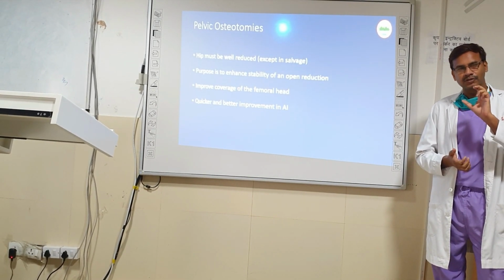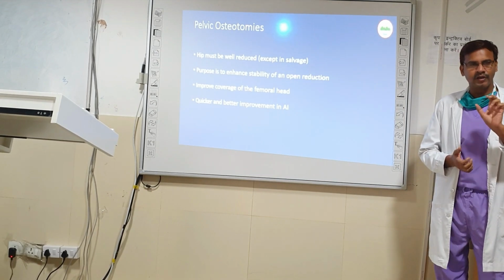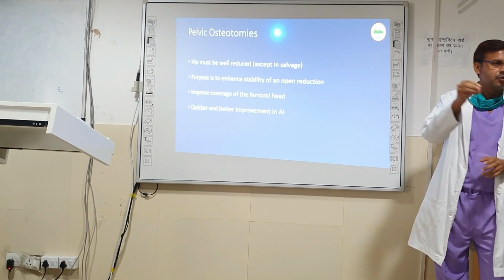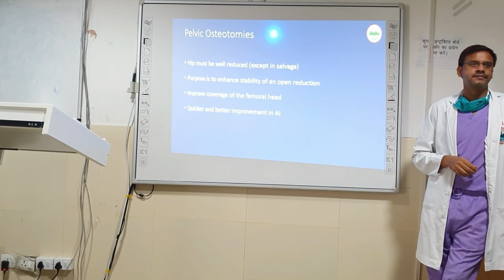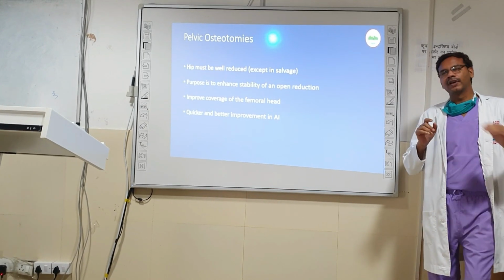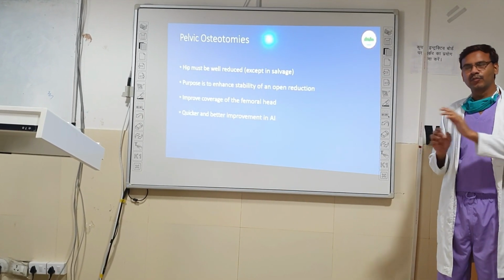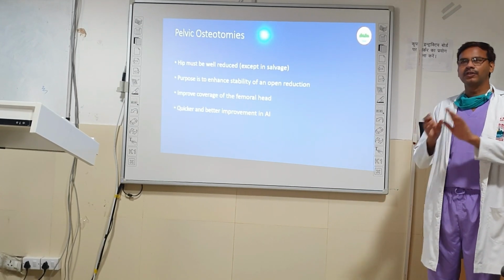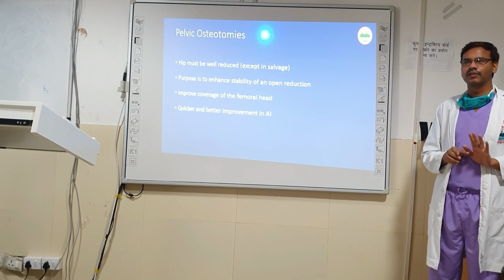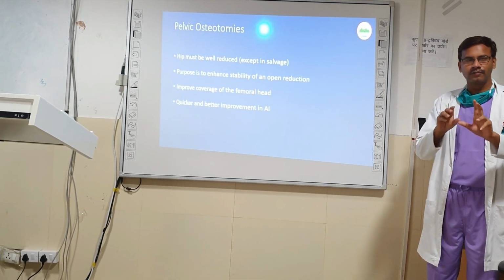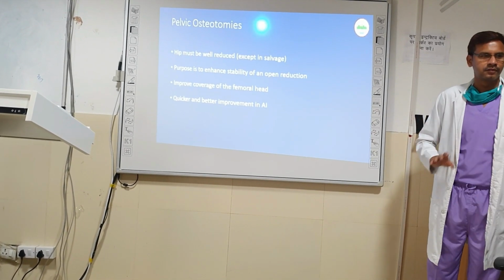So if hip is not already relocated and you do osteotomy, you may never be able to put inside the femoral head. So that's why we make sure that hip is well reduced inside. Femoral osteotomy has already been finished, plate has been applied, hip is reduced. Now only I start the pelvic procedure. Never try to attempt pelvic osteotomy keeping the femoral head outside. You will be in trouble.